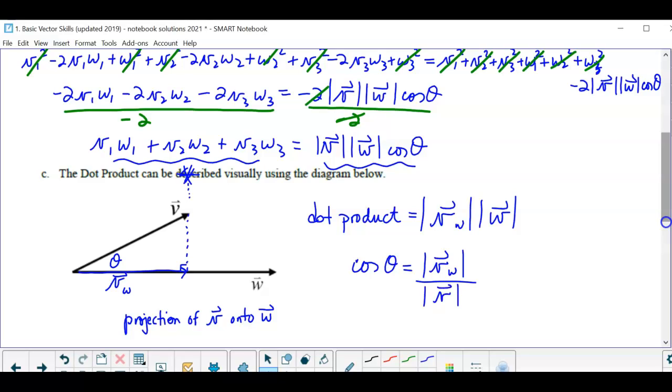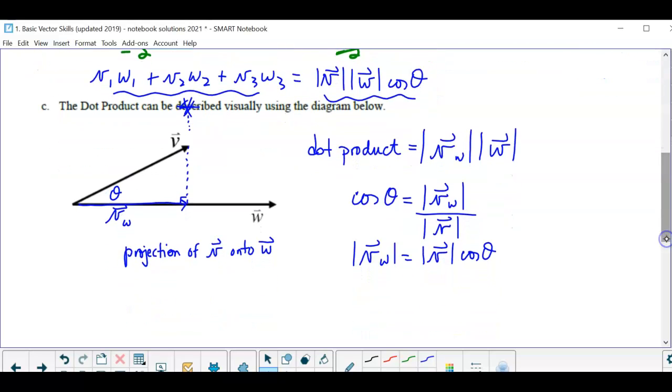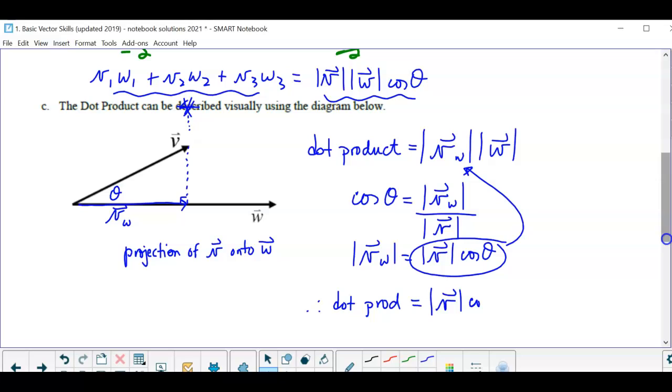Now, if we solve for the projection vector, we can replace that into the definition of the dot product. So therefore, dot product equals magnitude of v cos theta, magnitude of w, and then just rearrange them.